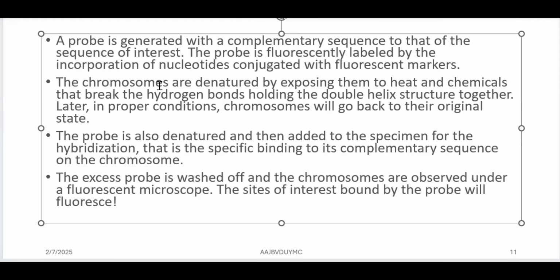So when I say how it is going to happen, chromosomes are denatured. So denaturation of DNA can be done by changing the pH, temperature, or by adding chemicals like urea. So maybe you are giving heat, or maybe you are adding chemicals, and the hydrogen bonds will break, and your DNA or the chromosome is denatured. So the double helix structure is going to get unwound, right?